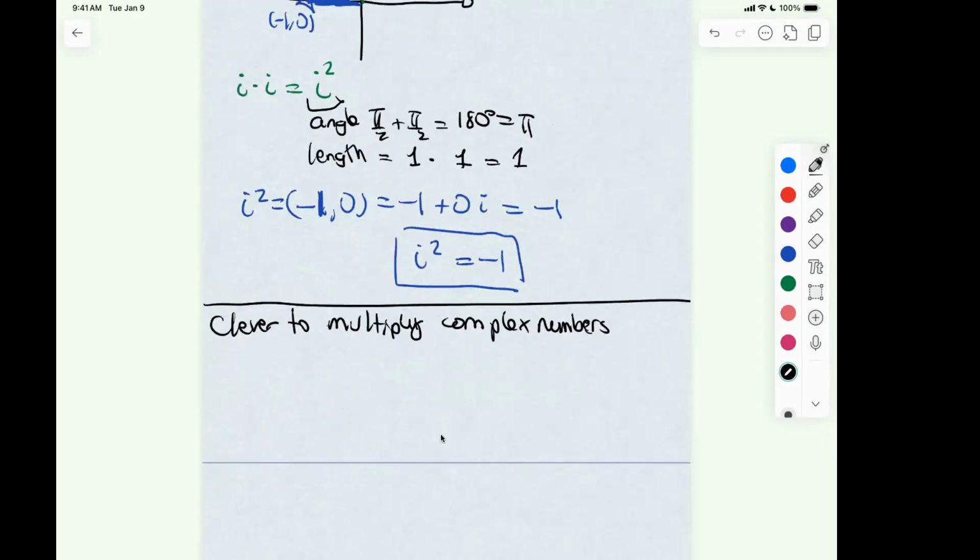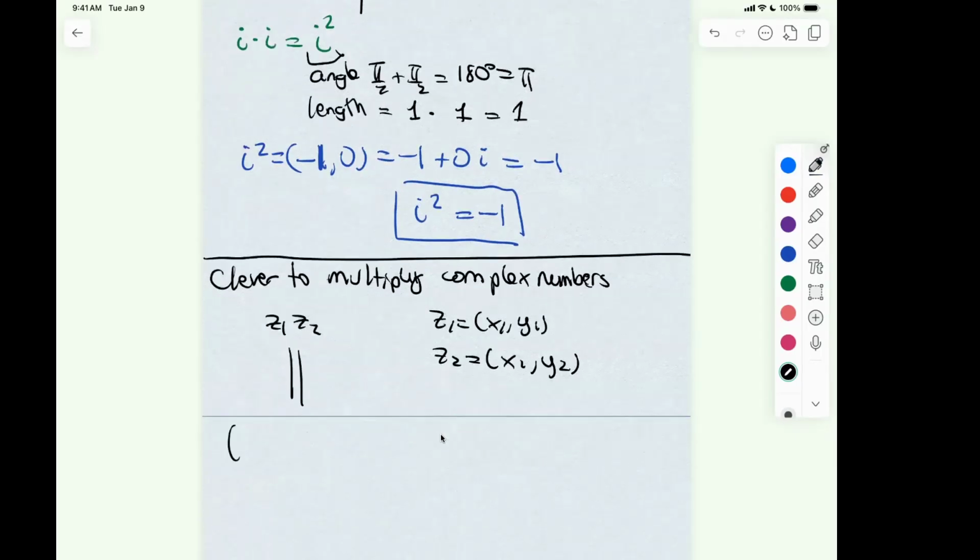So again, if I wanted to multiply c1 times c2, where c1 is x1, y1, and c2 is x2, y2, what you can do now is rewrite these numbers in their i version. So you can say that this is the same as x1 plus y1 i times x2 plus y2 i.